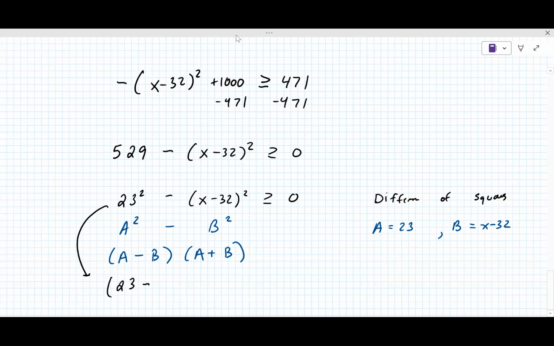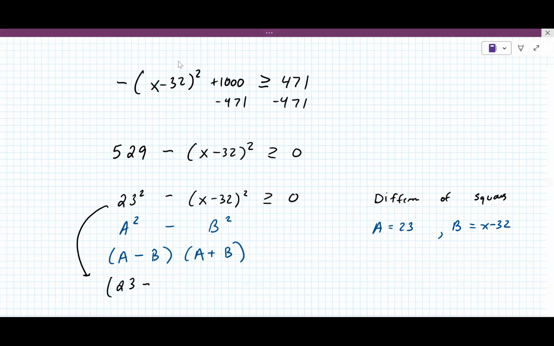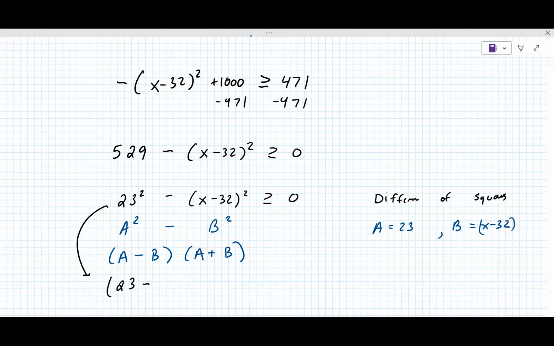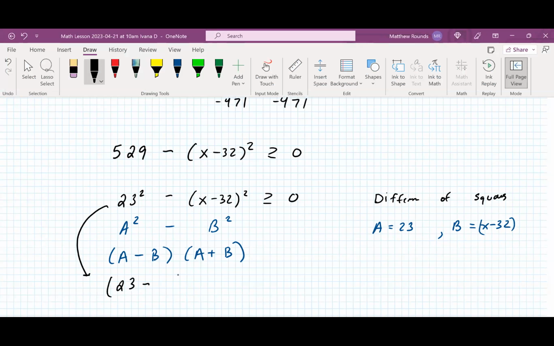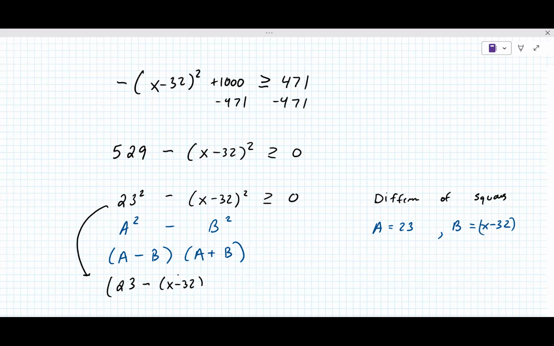I probably should have showed that. Let me update that a little bit here. X minus 32, and then 23 plus parentheses X minus 32 greater than or equal to 0.